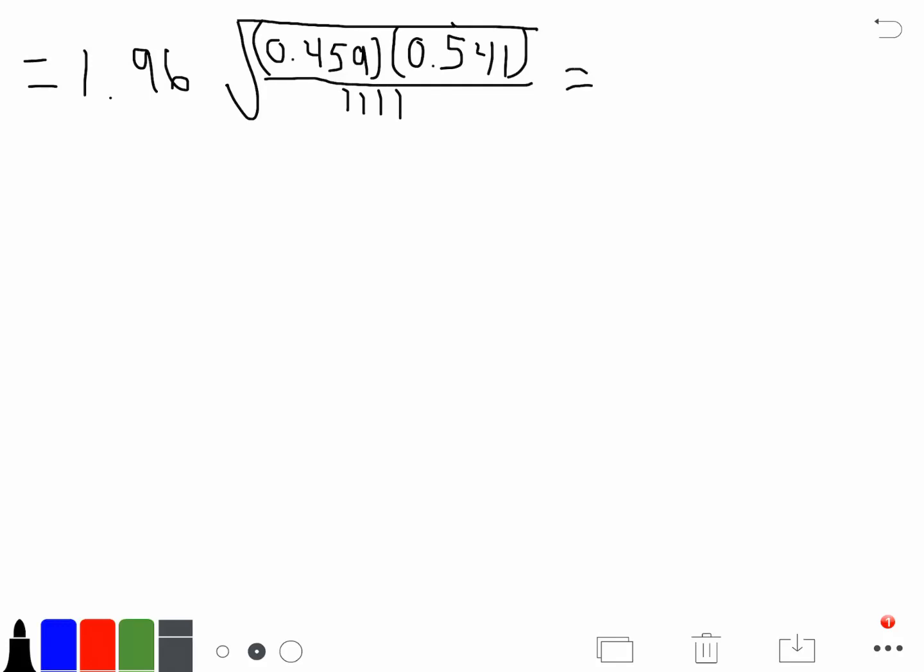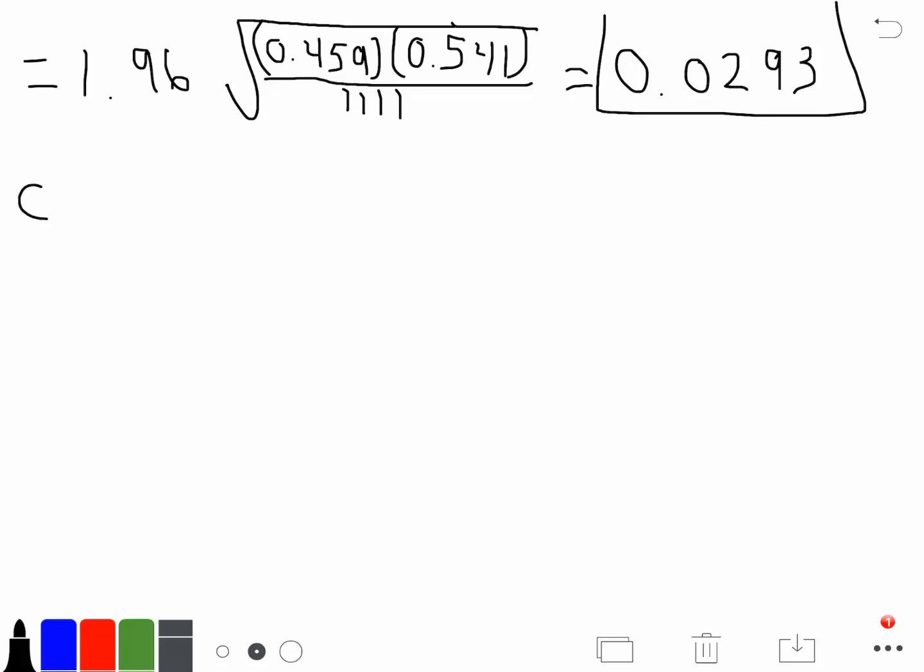When we plug this into the calculator, we get 0.0293. And that's what our margin of error is equal to.